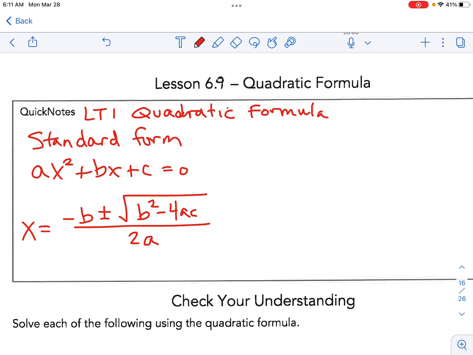And then just some quick tips. First tip is make sure we have it equal to 0, and then we've identified the a, b, and c values.